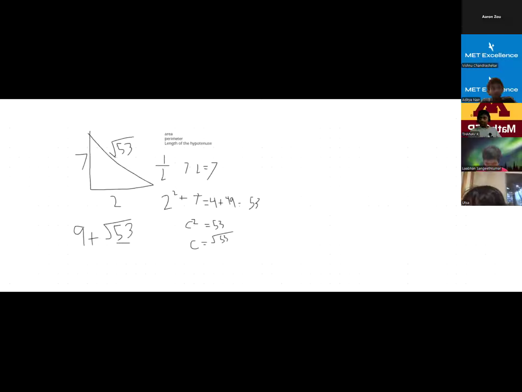All right, now let's do something that looks like this. It's going to be a little trickier. This is a parallelogram, so I'll just draw it like that.